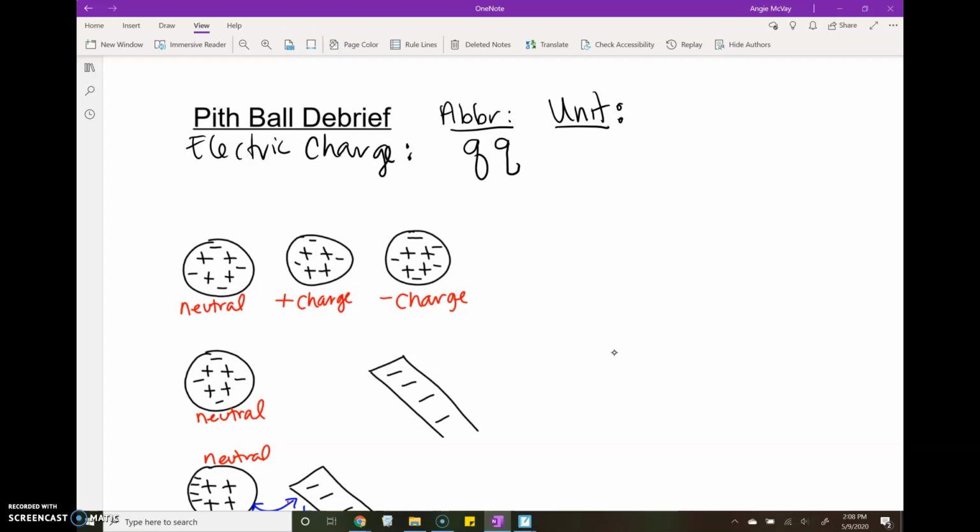Okay, the unit of charge, this is not a unit like a Newton that is made up of other things. This unit is a base unit. This is a capital C. And the unit of electric charge is the coulomb.